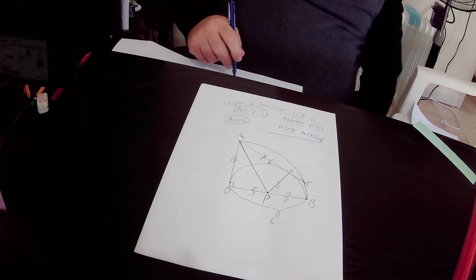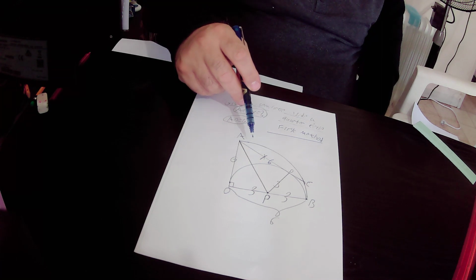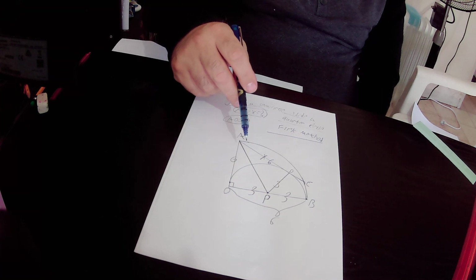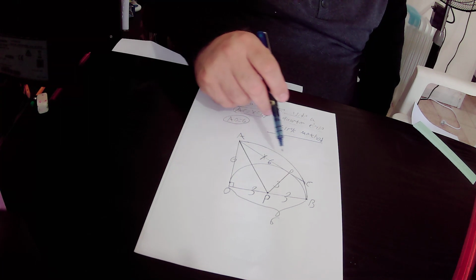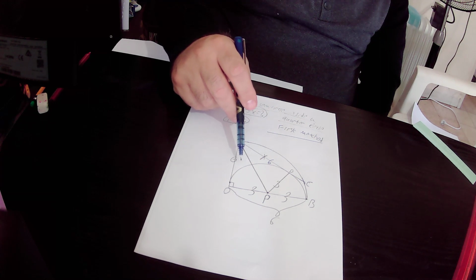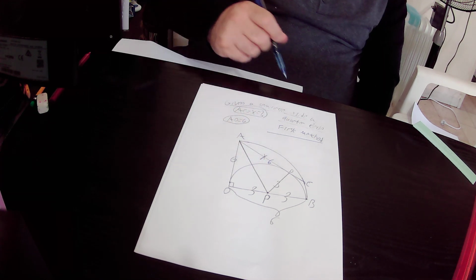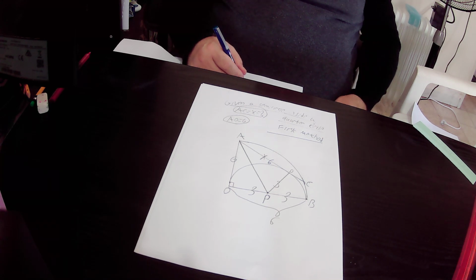And finally, DP equals OP equals 3 units. It is the radius of the semicircle.